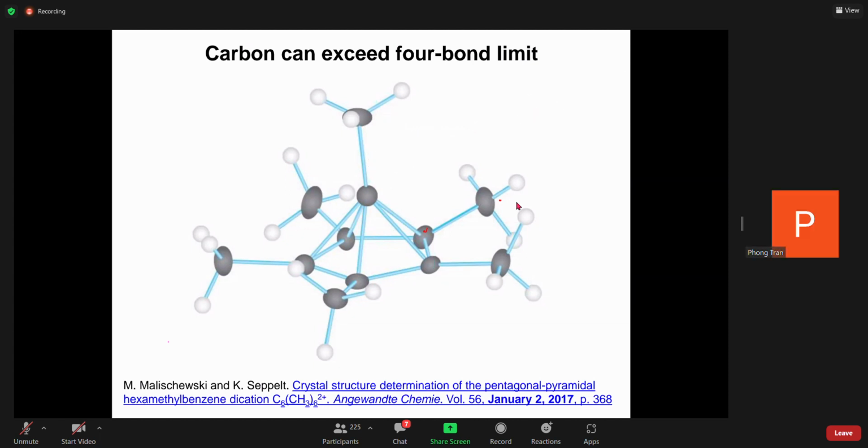Chi, Ting Chi, are you here? Yeah, can you try? It's not exactly a sigma bond, but a bond created by blending the electron cloud created by six carbon atoms.